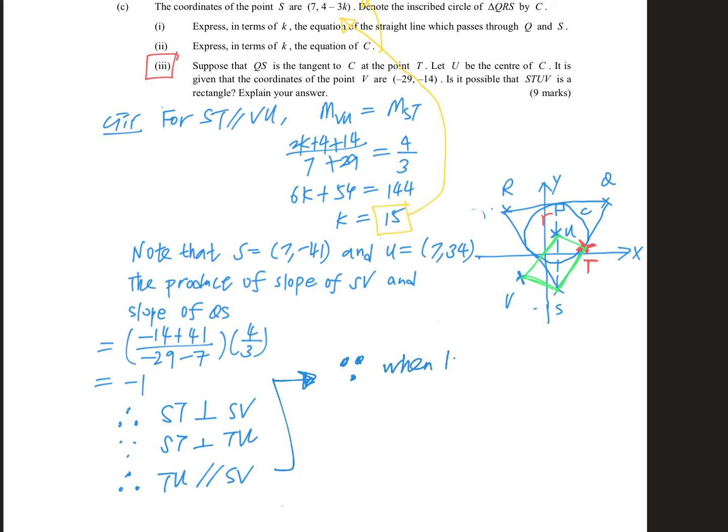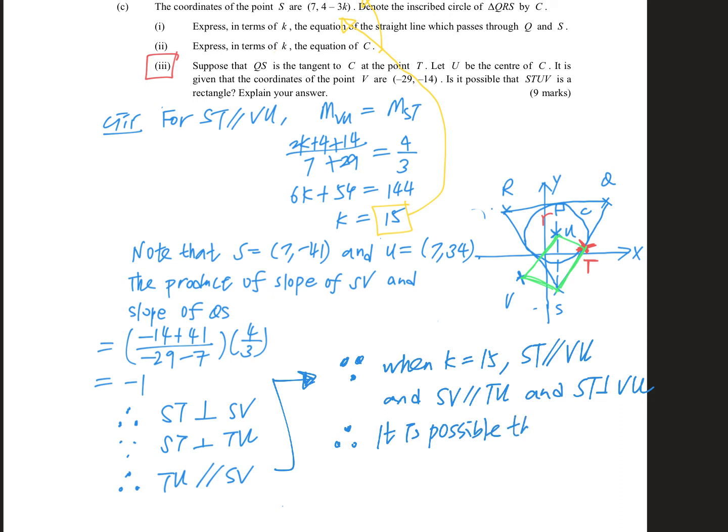When k equals 15, you can see ST is parallel to VU and SV is parallel to TU. So this makes the quadrilateral a parallelogram already. And then we have one more right angle. So it is possible that STUV is actually a rectangle.